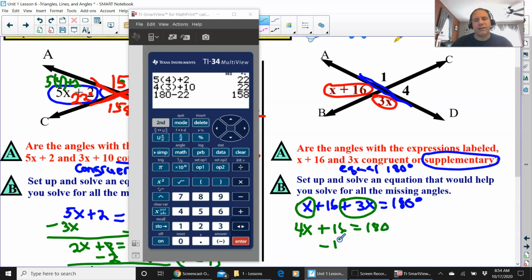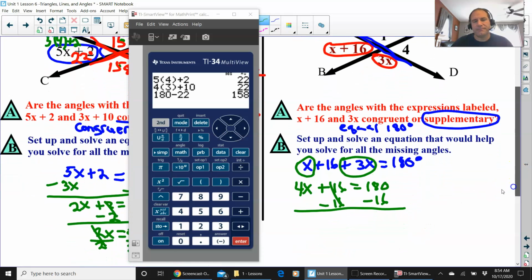Then we are solving an equation, minus 16 on both sides. We're going to draw a nice big line. This cancels, and 4x equals, just to be super safe, 180 minus 16, 164.